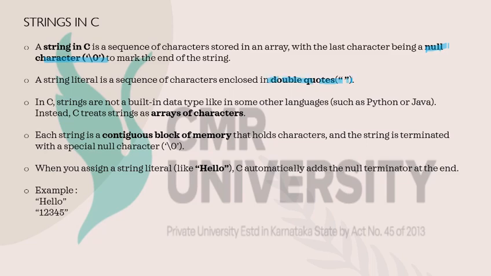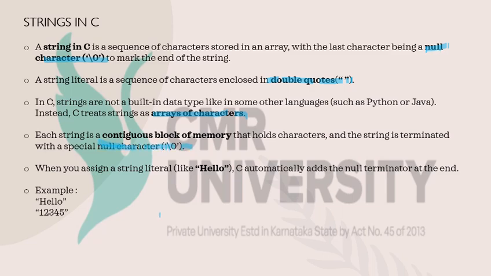In C, strings are not a built-in data type like in other languages such as Python or Java. Instead, C treats strings as arrays of characters. Each string is a contiguous block of memory that holds characters, and the string is terminated with the special null character \0.